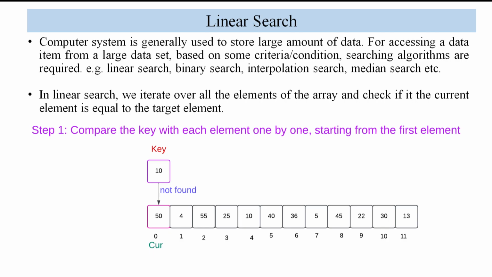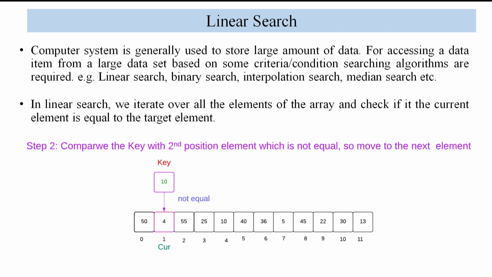So it is not matching, it is not found. Then we move toward the next location and again compare it with the key to be searched. Now the key at the current location is 4, which is not matching with the desired element.